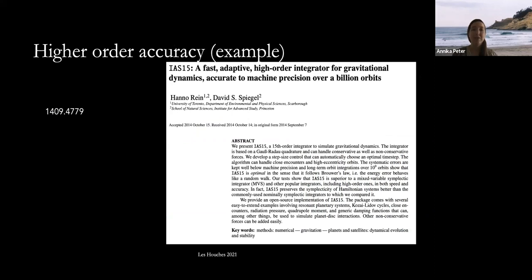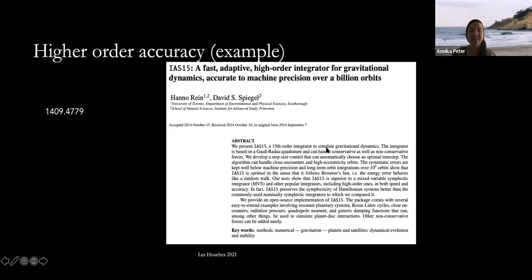Okay, so one example of a higher order accuracy system or simulation tool is this IAS15 code, which is the sort of under the hood integration algorithm in Hanno Rein's debris disk simulation code package. But this is a 15th order integrator.